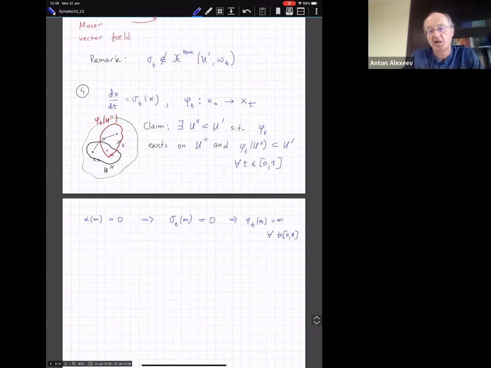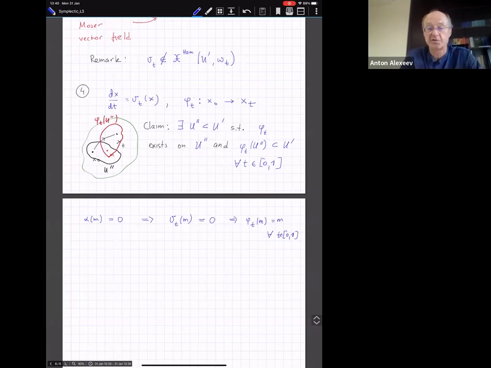But also by arguments similar to those that I had before, Vt on a sufficiently small ball is actually small. So you know that even over the time period from 0 to 1, the point cannot move too far. So I need an estimate on the norm, on the absolute value of my vector field, and I'm estimating that the point doesn't move too far.